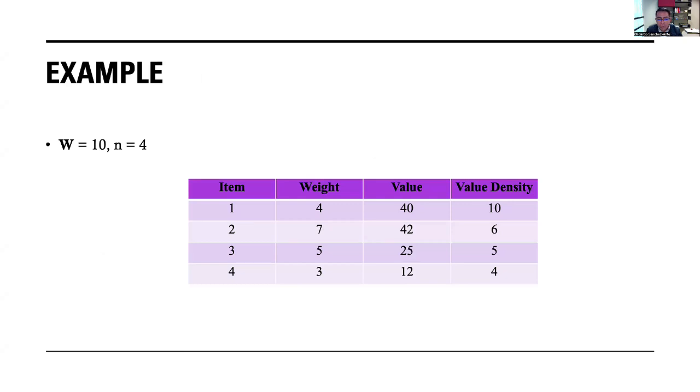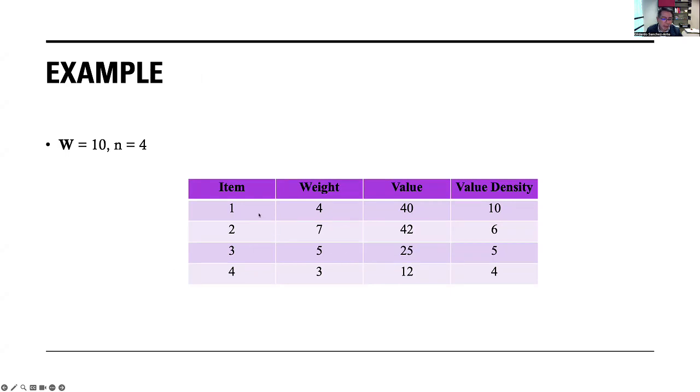So in order to illustrate this better, let's consider a particular case of the problem where we are told that the maximum weight we can carry is 10 kilograms, and we have 4 items, and the table is telling us for each one of the items what the weight of the item is.